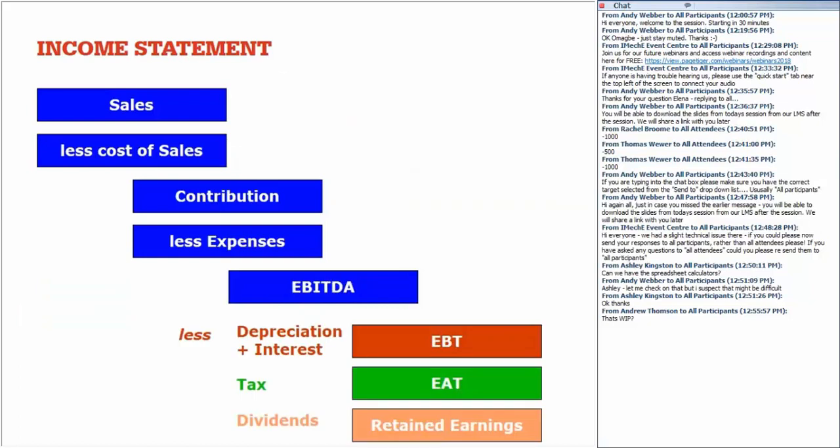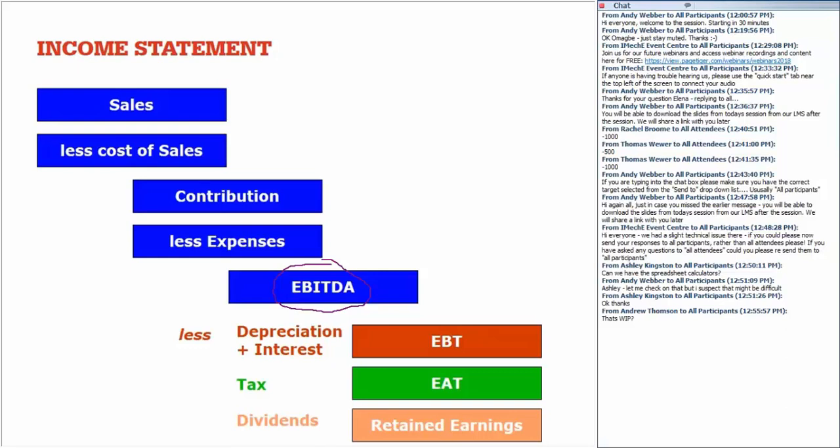Now, you will often see net profit written as EBITDA, which stands for earnings before interest, tax, depreciation, and amortization. So the first four are relatively easy: earnings before interest and tax. So we haven't taken off the interest and tax yet. Why not?